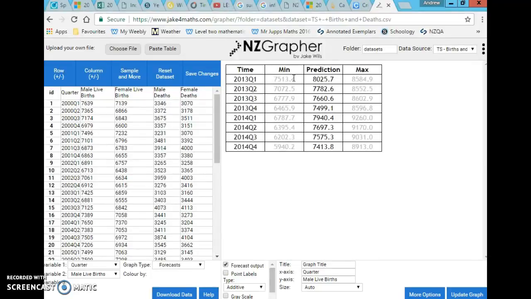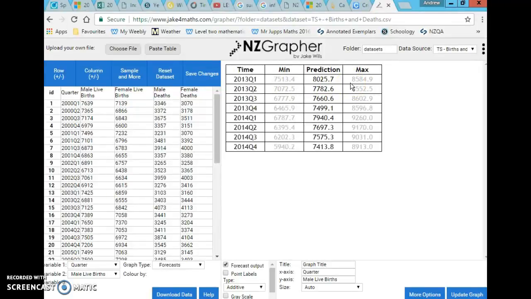You guys would have done inferences last year if you did level 2. For a 95% confidence interval, you would say that it's 95% likely that the prediction will fall between these 2 numbers. Okay, so this is the actual prediction, but then there's this interval of 95%.